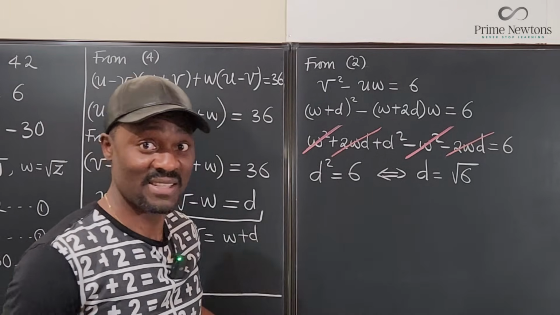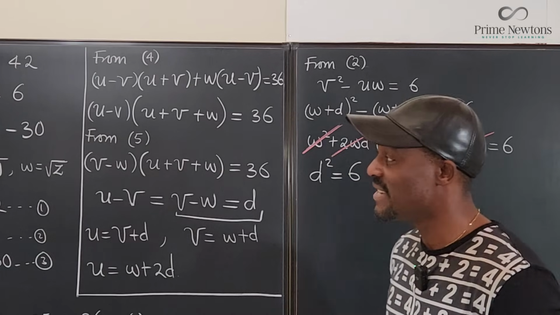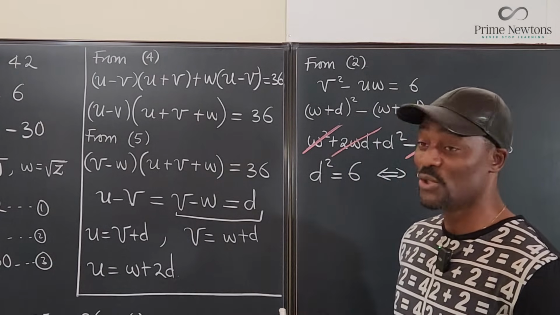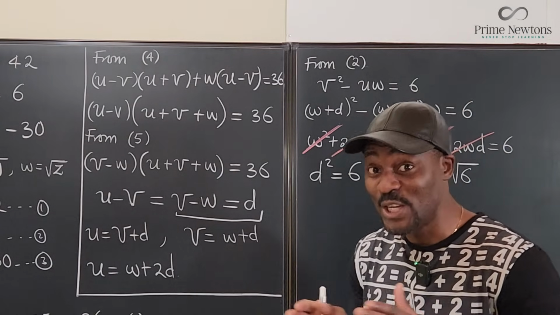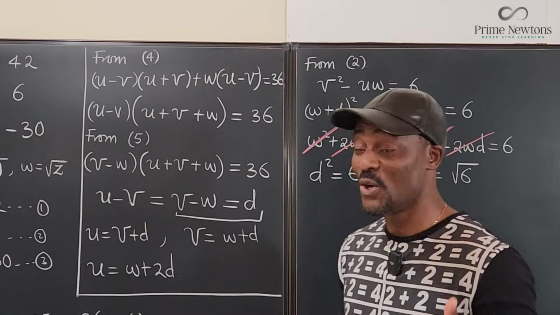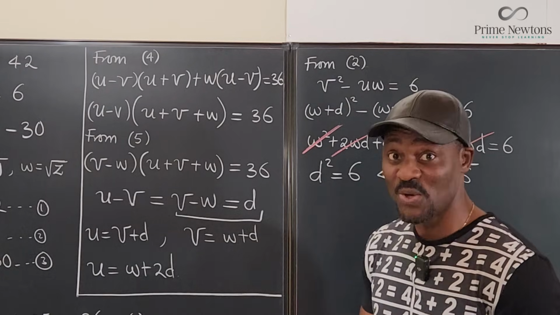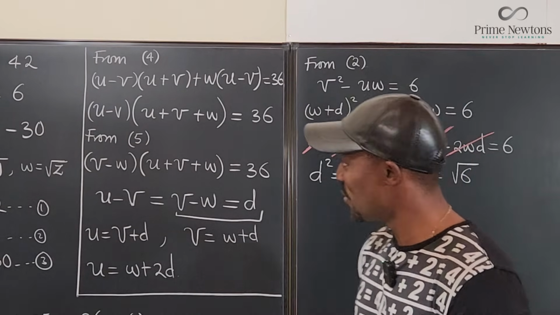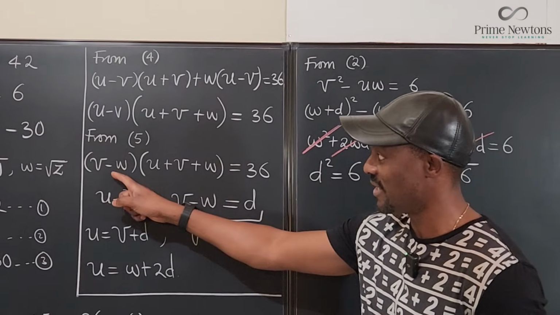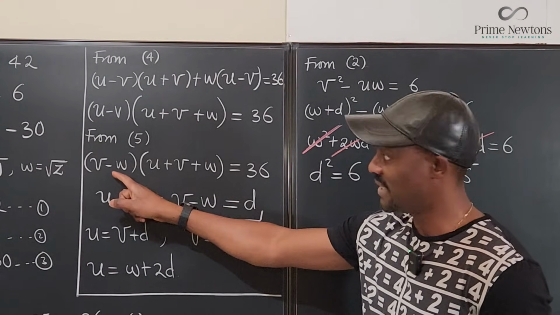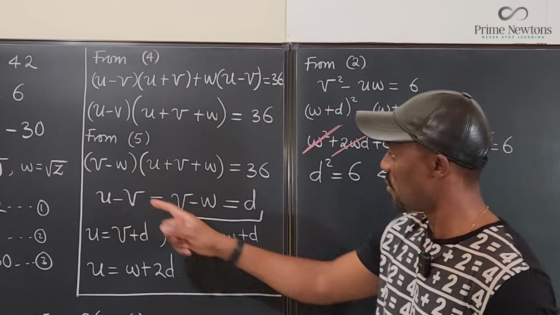This is where the meat is. You just have to go back and find a very convenient equation to plug things into. Remember, we only know the common difference. We still don't know what u, v, and w are. So I'm going to go back here, because this one clearly tells me what d is, since v minus w is what we call d.